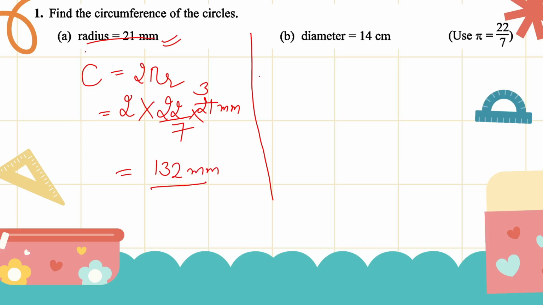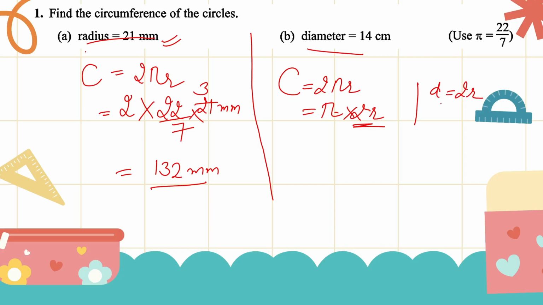You all know the multiplication, you will find the correct answer. Then diameter. If diameter is given, the formula will be the same, but a little bit different. We write pi and 2r, and you all know that diameter equals 2 times radius, means d equals 2 times r. It means we can put here directly pi d.